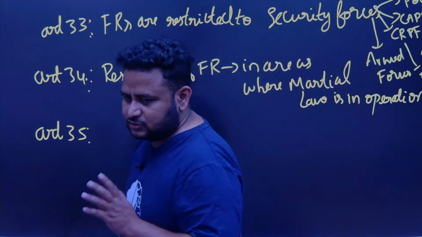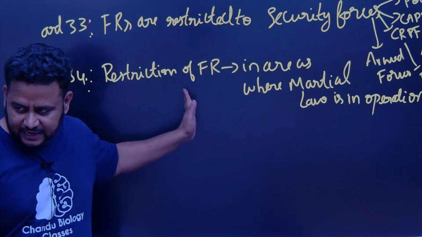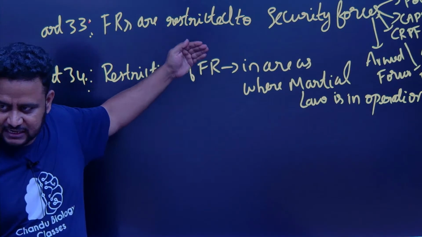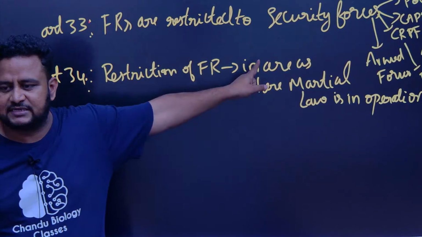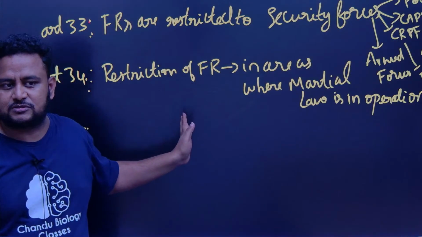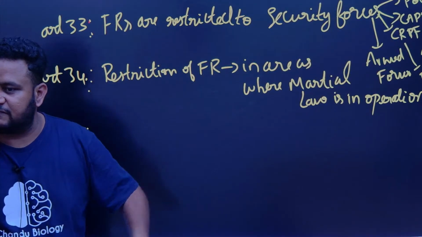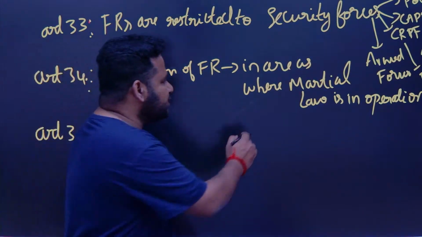So Article 34 is talking about restriction of fundamental rights again. Article 33 is talking about restriction of fundamental rights to a certain category of people, that is, security personnel. Article 34 is talking about some areas where fundamental rights are restricted. What are those areas? The areas where martial law is in operation.